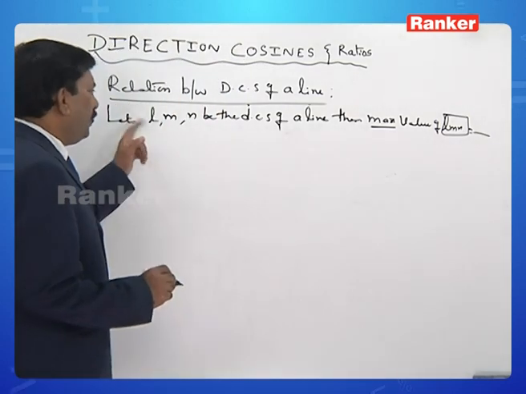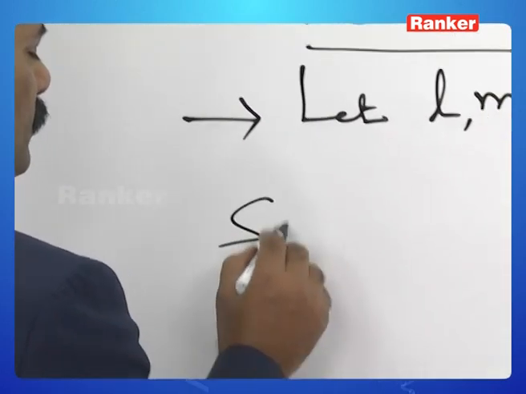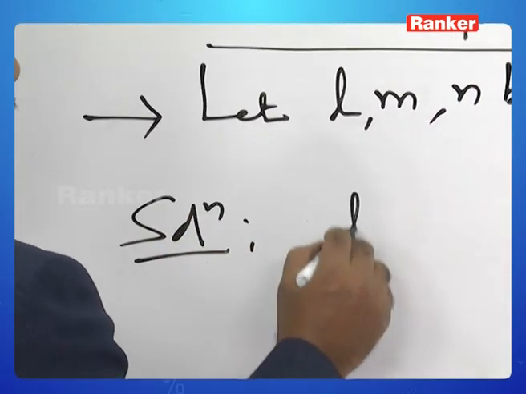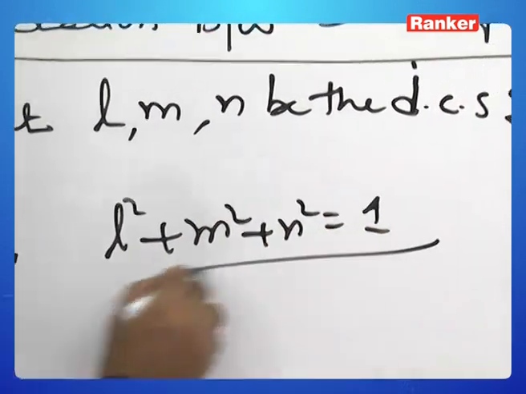When l, m, n are the DCs of a line, we have the relation l square plus m square plus n square is equal to 1.